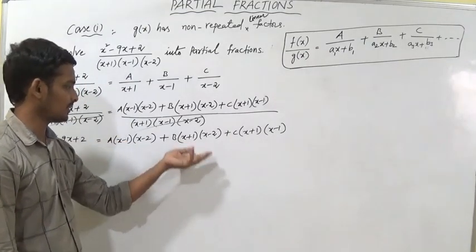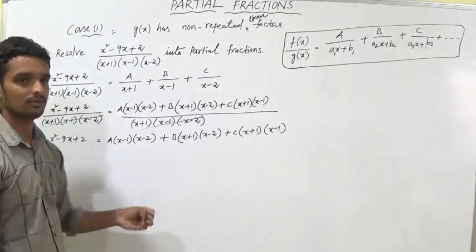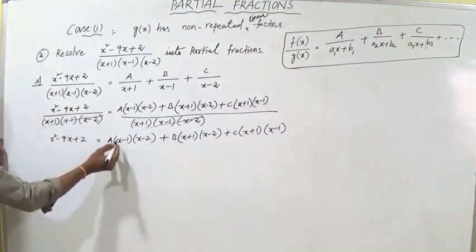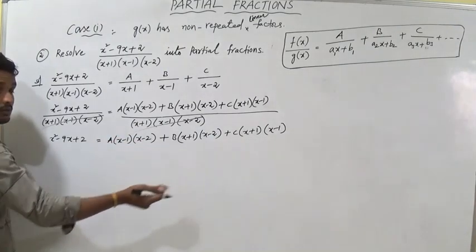We can take first x is equal to 1, then x is equal to minus 1, then x is equal to 2, and we can get the values. First, I am taking x minus 1 as one of the factors. That means x minus 1 is equal to 0, then x is equal to 1.